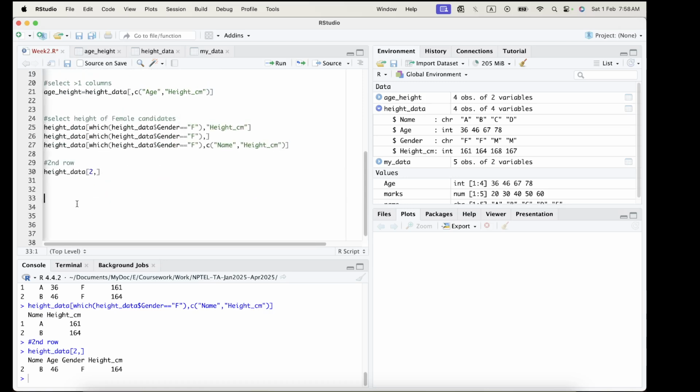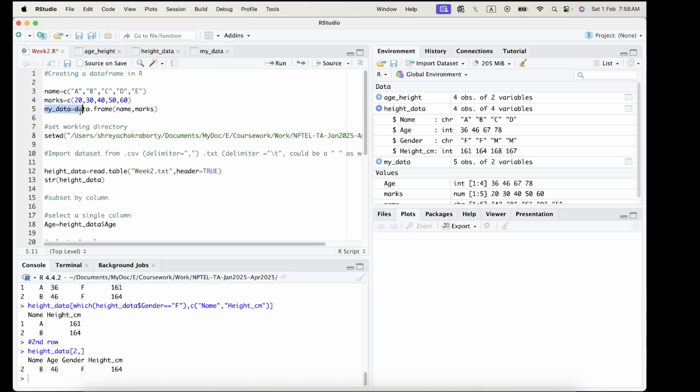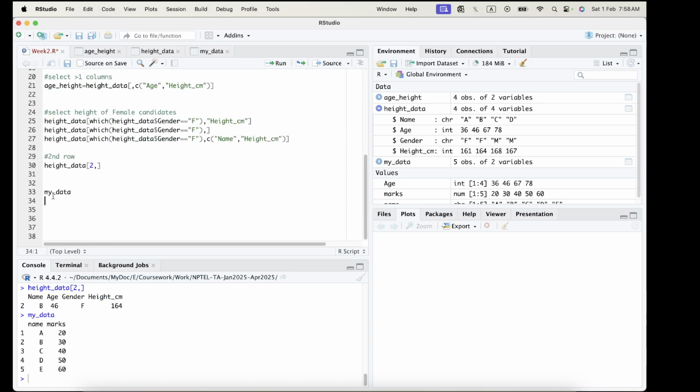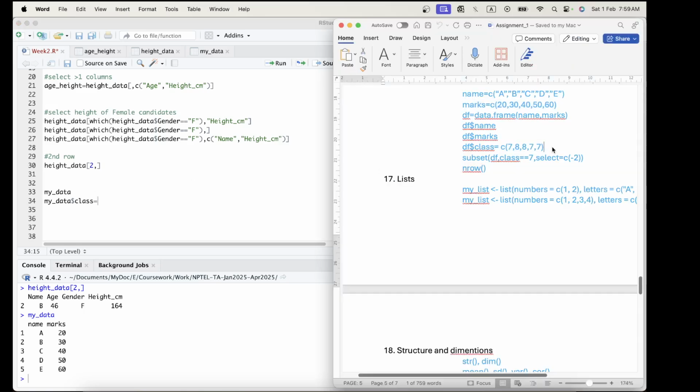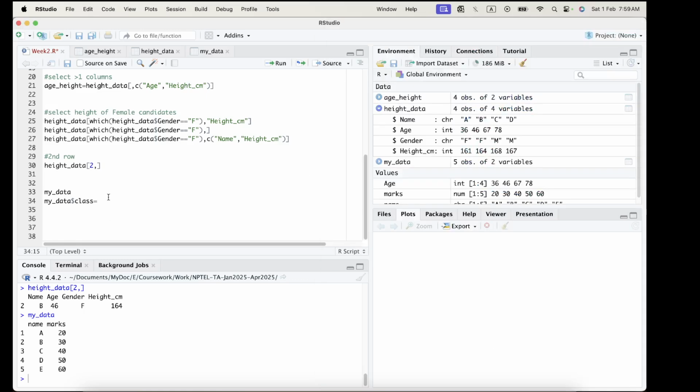Yes, what I was saying, so I have this data set, my data, which has marks and names of 5 candidates. I want another variable which will tell me the classes they are enrolled in. So I can just write my data dollar, the name of the new column that I want, let me want it as class, and I'm going to give this thing.